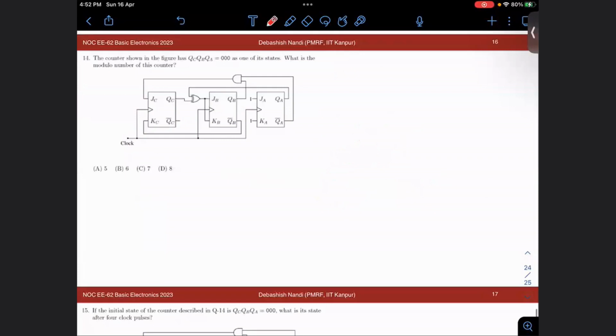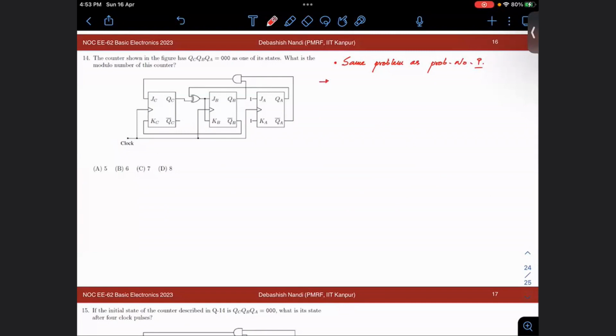So moving on to problem number 14. Same problem as problem number 9. You can solve this in a similar way.